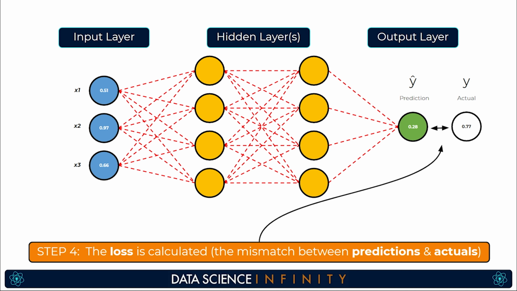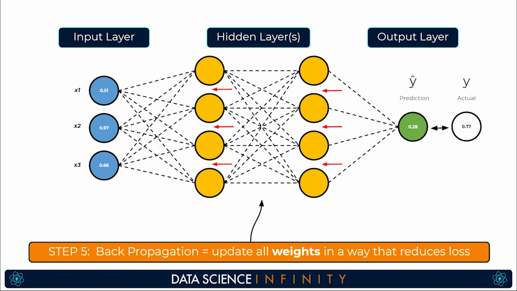In a process called back propagation, we essentially head back through the network from right to left. And using a couple of clever mathematical processes called the chain rule and gradient descent, small changes are iteratively made to each of the weight values until we get a set of values that results in that mismatch between prediction and actual being either 0 or some value very close to 0.